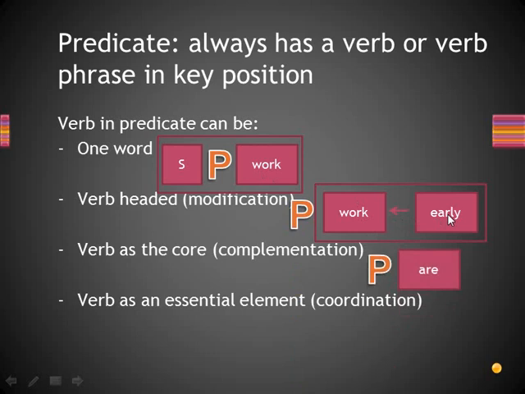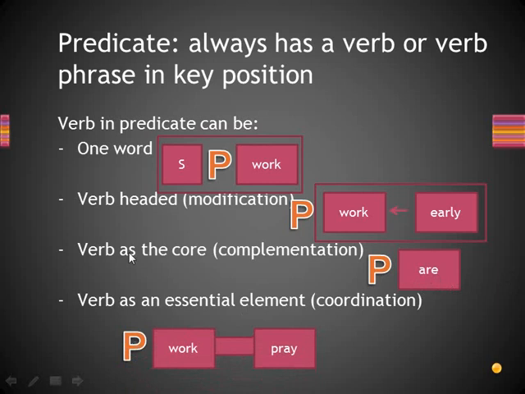And like this one can also be a verb as the core, like in a nominal sentence. For example, we are happy. So are is the predicate and happy the complement. And then it can be coordination, for example, work and pray, or work or pray. And they can be the predicate.